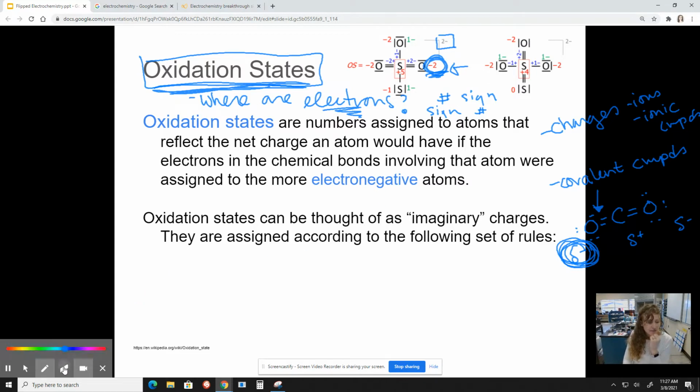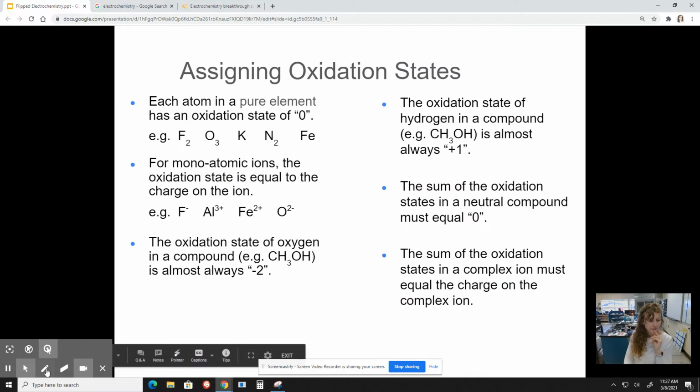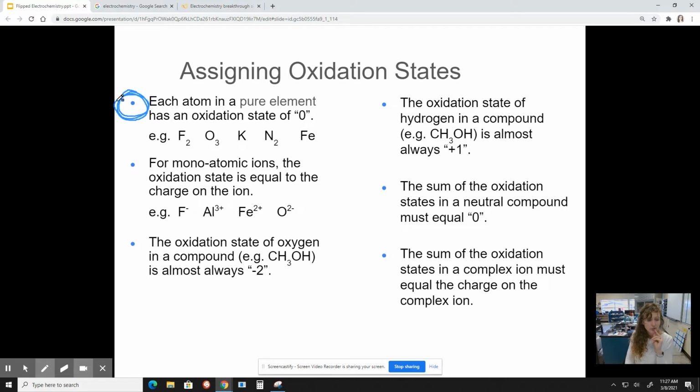Okay, so let's take a look at those rules again. Remember, oxidation states, we're going to assign them according to some actual rules. And so the first couple rules are going to be actual charges. So, for example, a pure element has a balance of protons and electrons, and it has an actual charge of 0. And so we are going to assign an oxidation state that matches the actual charge of 0.